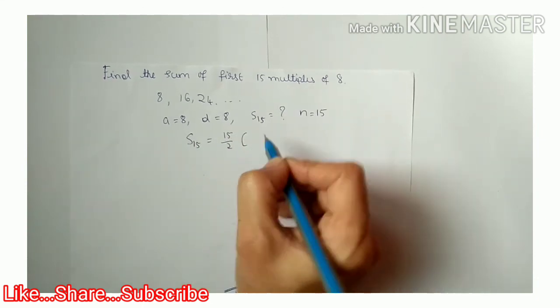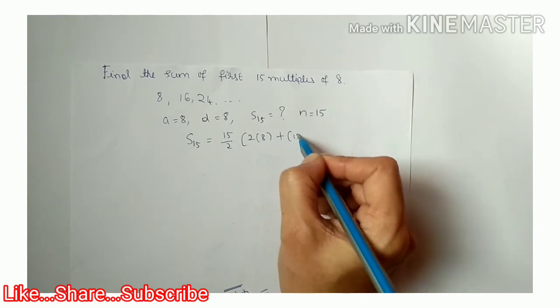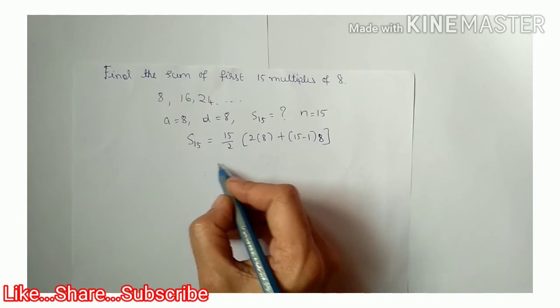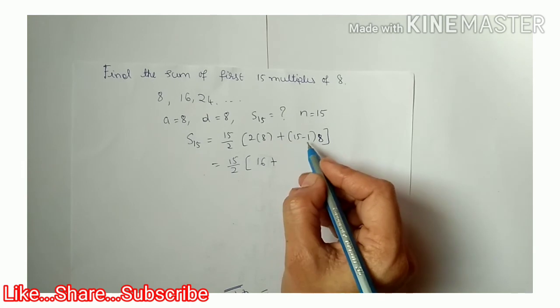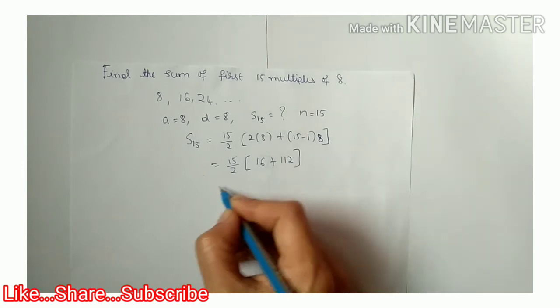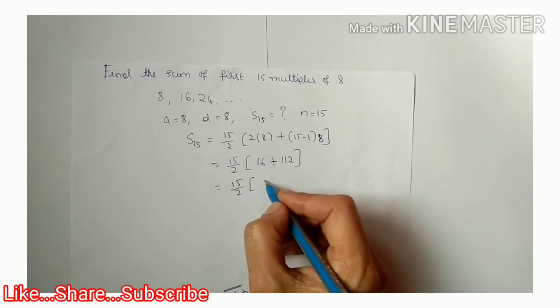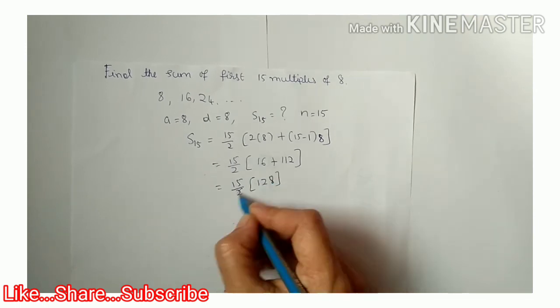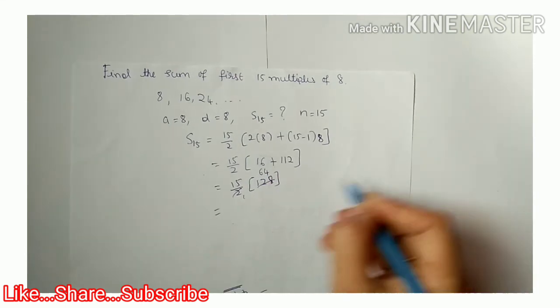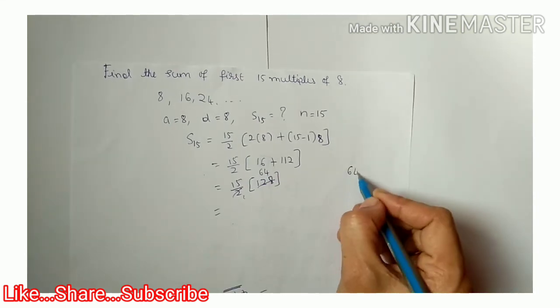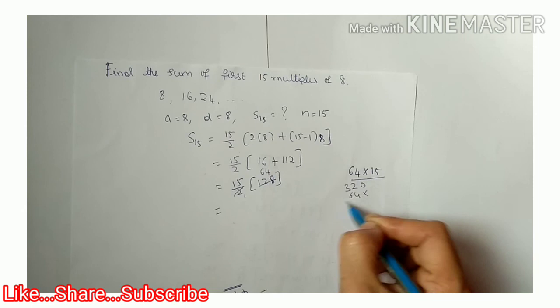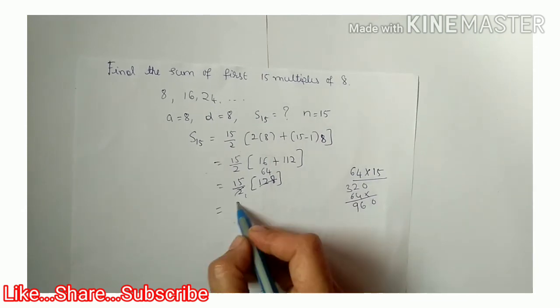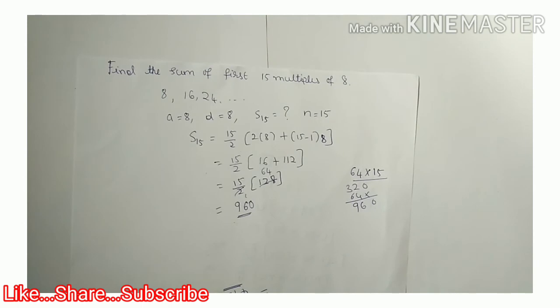So 15 by 2 into (2 into 8 plus (15 minus 1) into 8), which is 15 by 2 into (16 plus 14 into 8). 14 eights are 112. 15 by 2 into (112 plus 16), which is 128. Half of that is 64, and 64 into 15 is 960. Therefore, the sum of the first 15 multiples of 8 is 960.